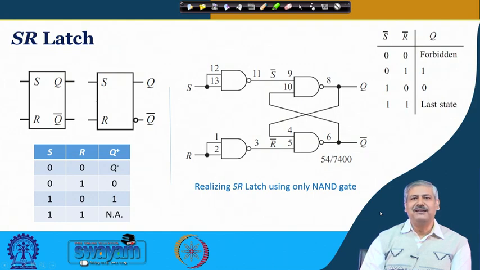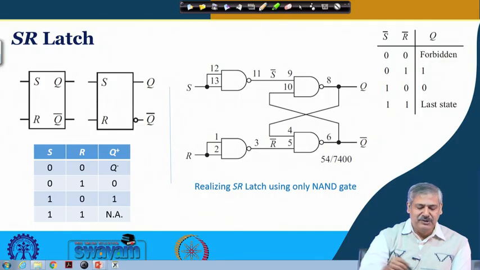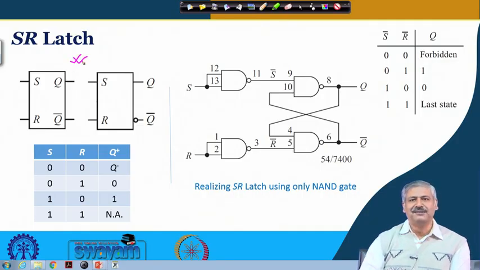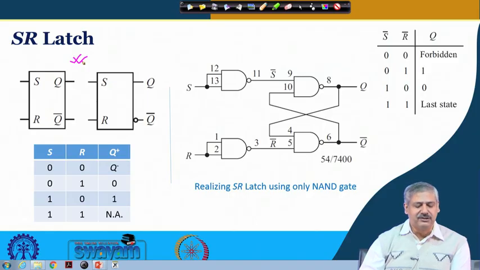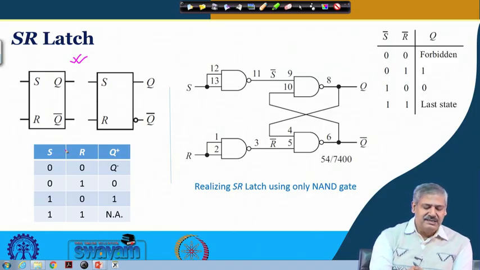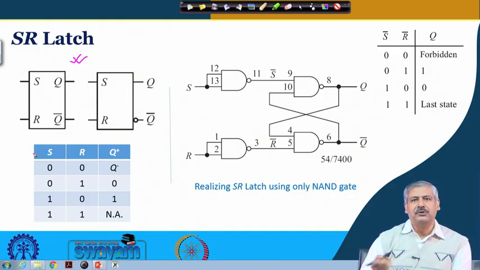Now we will look into the representation part. We will not draw all those basic gates that we have used. Instead, we prefer to put it in the form of a symbol, which will help us in making bigger circuits. Otherwise, the circuit will become a bit clumsy, with too many logic gates. So, when we say SR latch, this is the way we can put it, and if you look at the textbook, two different symbols have been used.